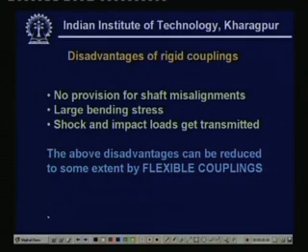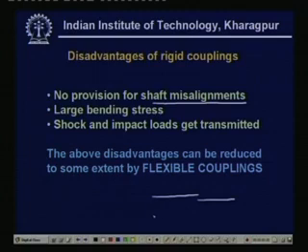Let us look at some of the disadvantages of rigid coupling now. First, no provision for shaft misalignment. Now, I want to emphasize here that there may be few kinds of shaft misalignment. One may be here one shaft, another shaft here, so there is a parallel offset.